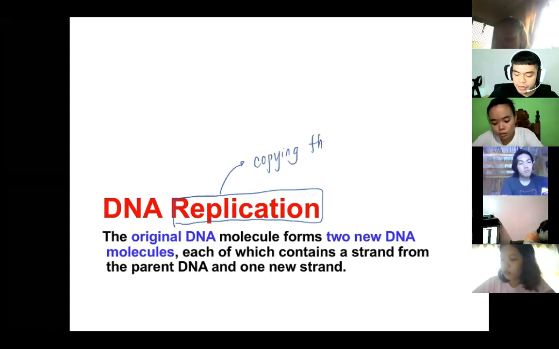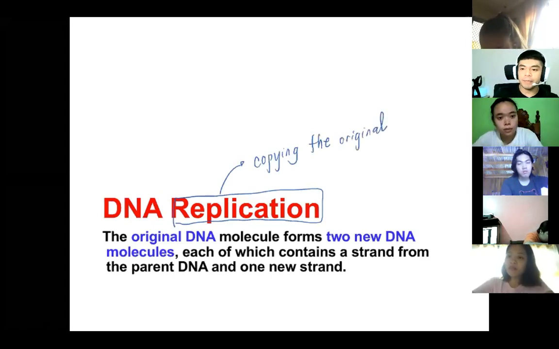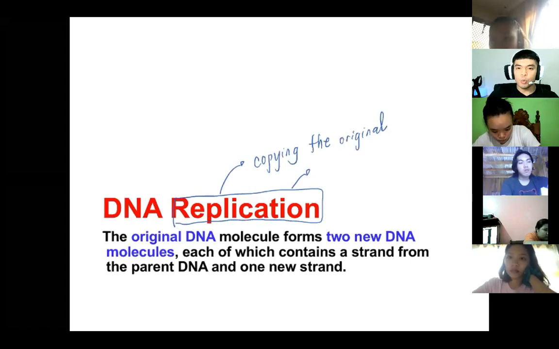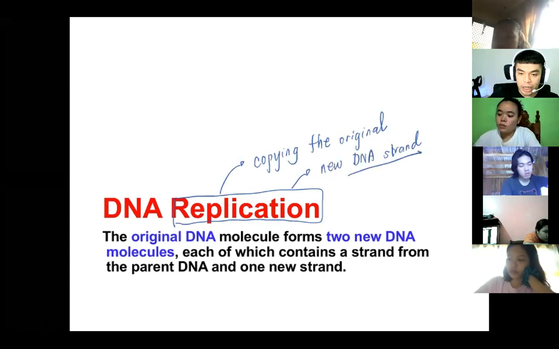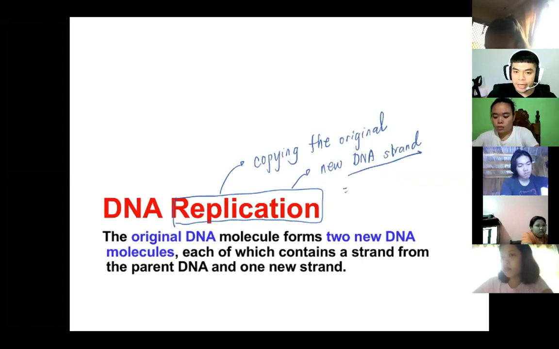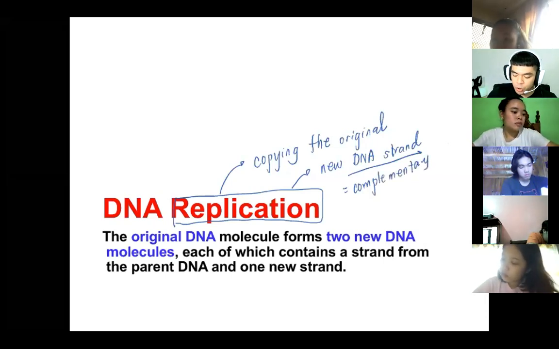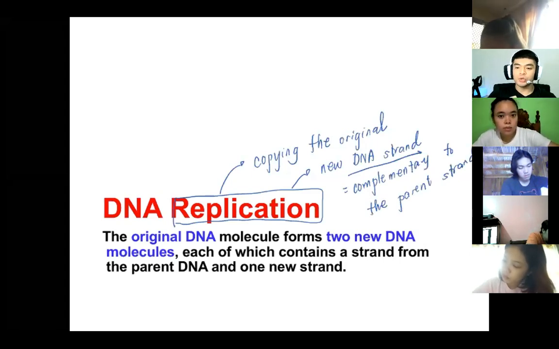This means that in replication, we tend to produce a new DNA strand such that this new DNA strand is said to be complementary to the parent DNA strand.